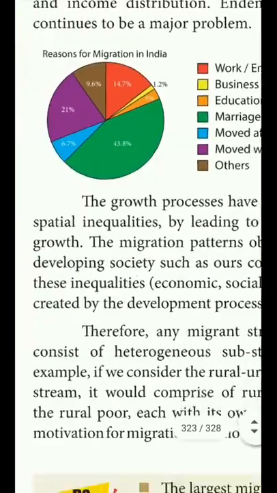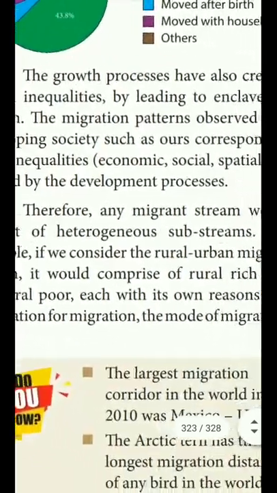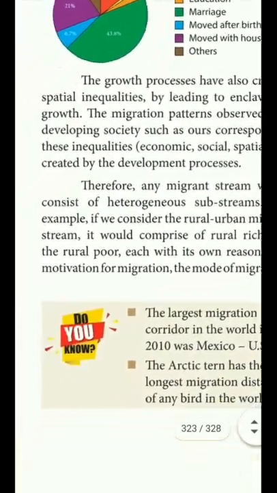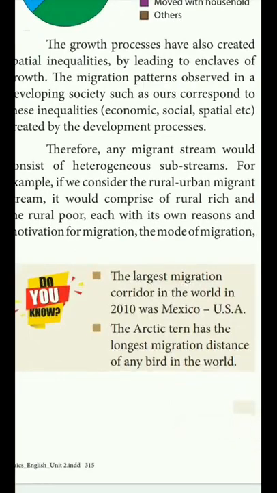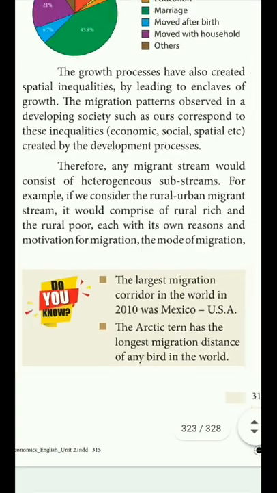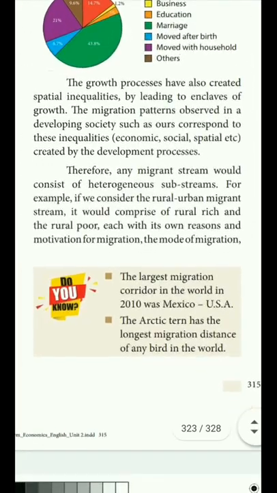The growth process has also created spatial inequalities by leading to enclaves of growth. The migration pattern observed in developing societies such as ours corresponds to these inequalities, economic, social, spatial, etc., created by the development processes.